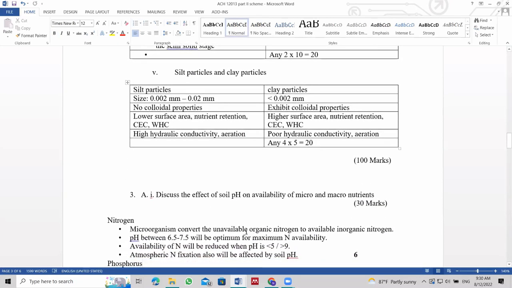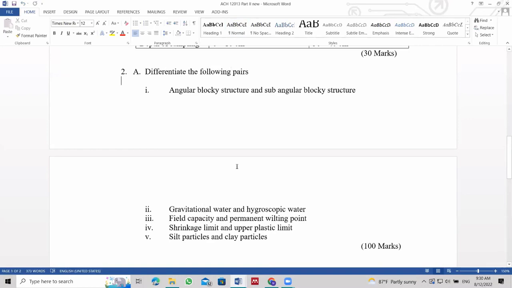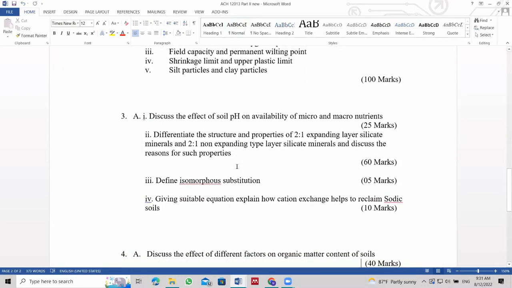And the next question is: discuss the effect of soil pH on availability of micro and macronutrients. So that is the first part.